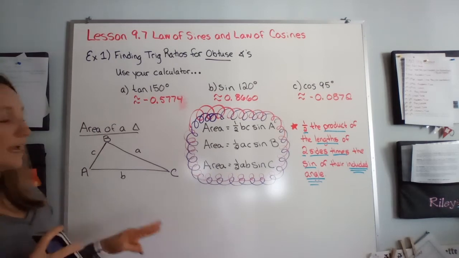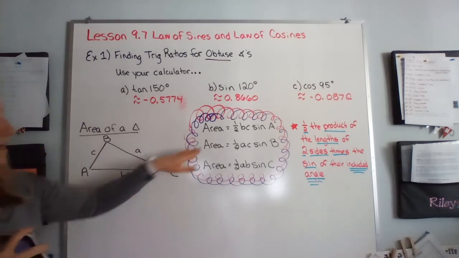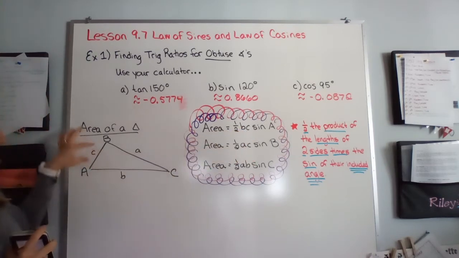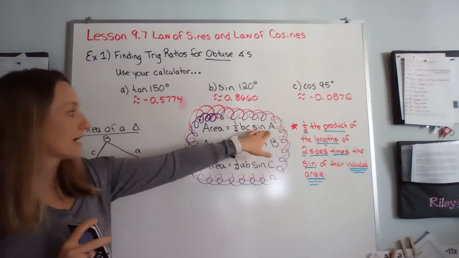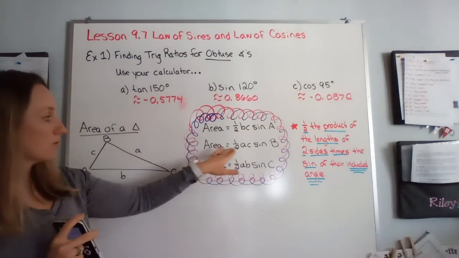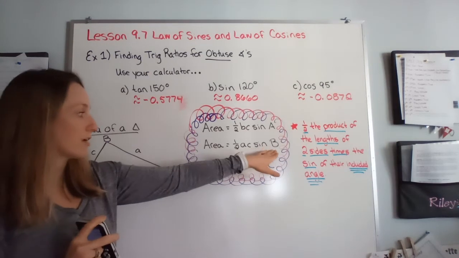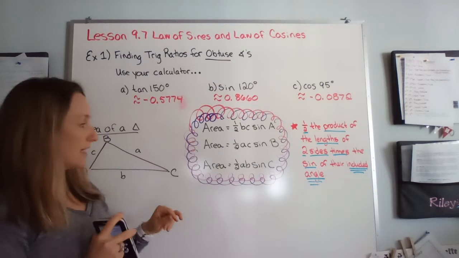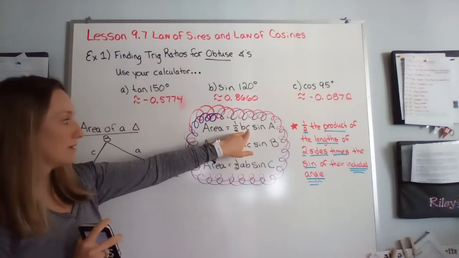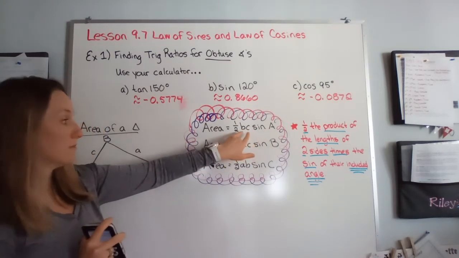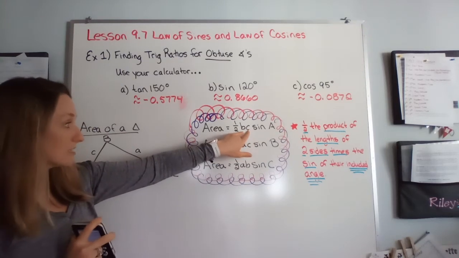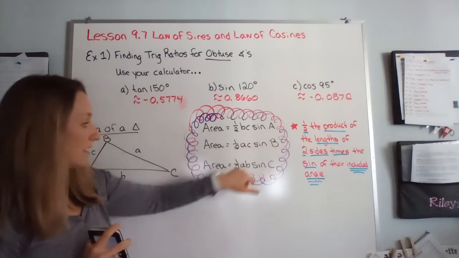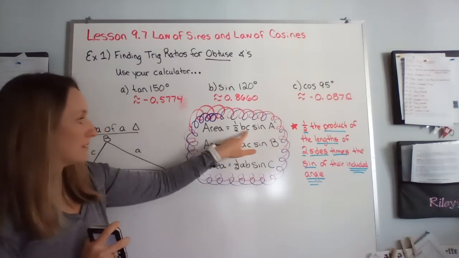So we have 3 area formulas that we're going to be using. The area equals 1/2 BC, which stands for side B, side C, times sine of angle A. Area equals 1/2 AC sine of angle B. And area equals 1/2 AB sine of angle C. Now notice B and C are the sides, and then we use angle A. A and C are the sides, angle B. It's always going to be A, B, C, all letters are used.